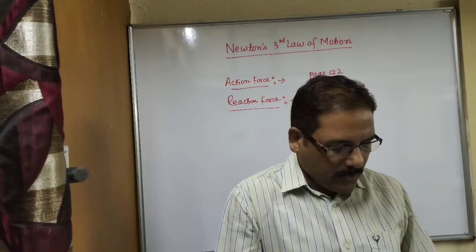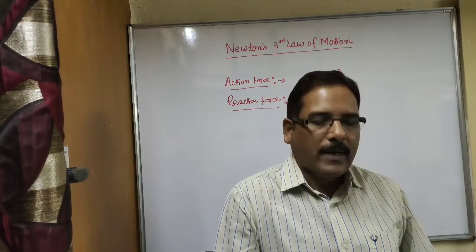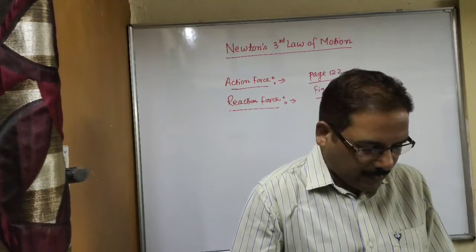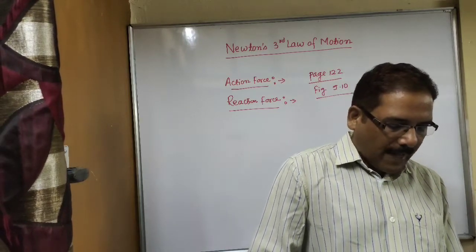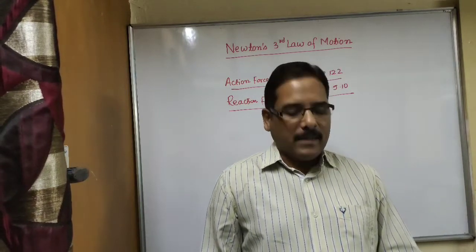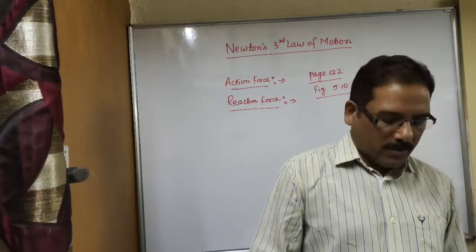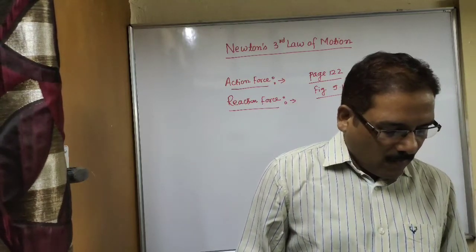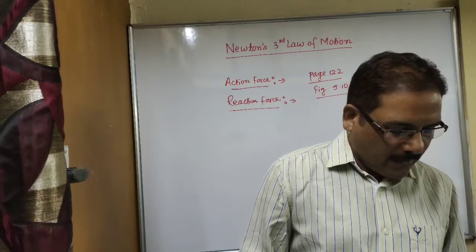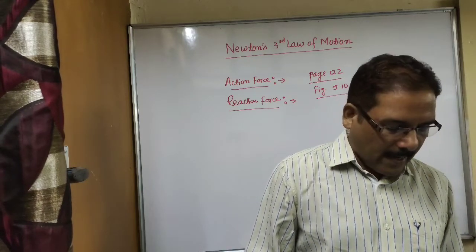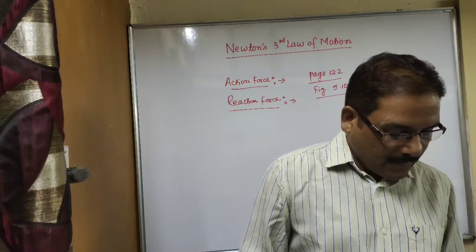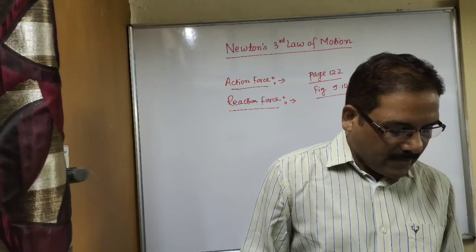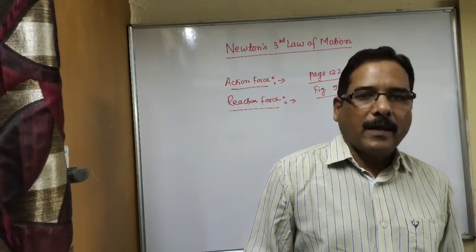Let us consider two spring balances connected together as shown in the figure. The fixed end of balance B is attached with a rigid support like a wall. When a force is applied through the free end of the spring balance A, it is observed that both the spring balances show the same readings on their scale.